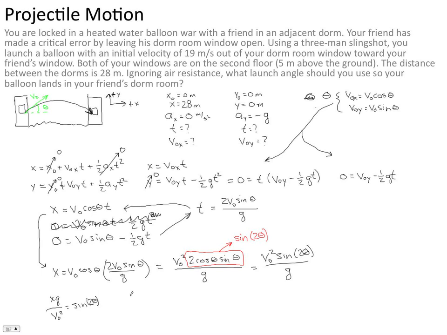All right, now if we take the inverse sine of both sides, we end up getting 2 theta equals the arc sine, inverse sine of x times g divided by v naught squared.